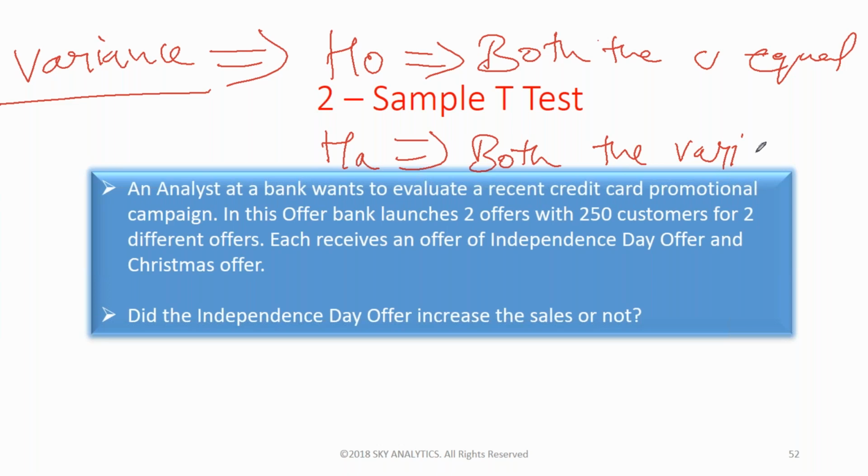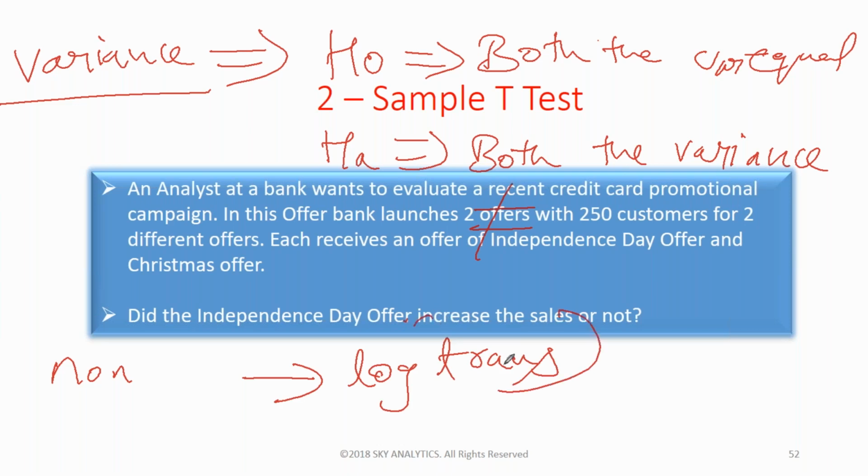So if your data is not normal, then you should go for log transformation. I had shown you, right? I told you, right? We can do log transformation. So make sure that instead of using the original column, you should take log of that original column. Then you are going to get your data as normal.